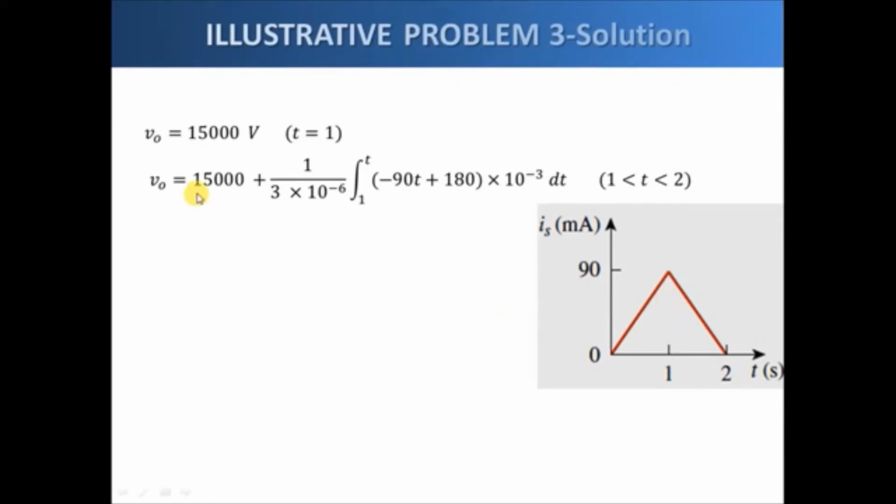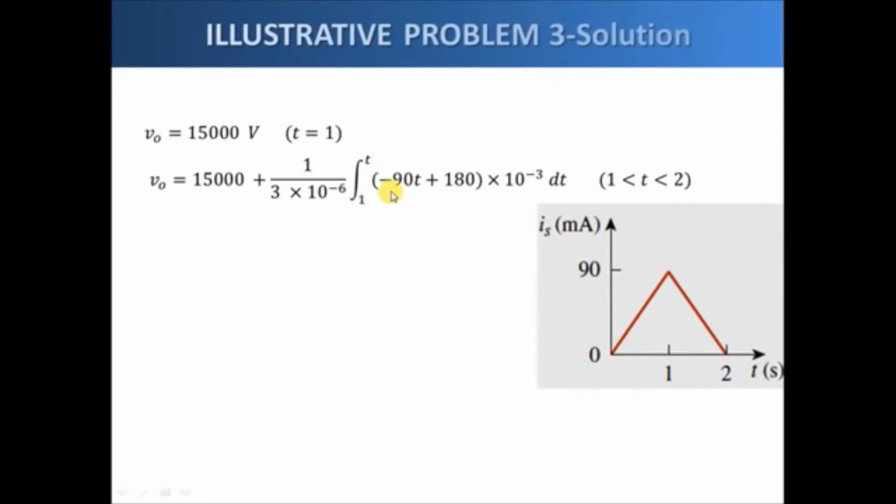So we have an initial voltage of 15 volts, so it is not zero, plus the accumulated charge between 1 and 2 seconds. So let's integrate between 1 and t, where t is between 1 and 2 seconds.